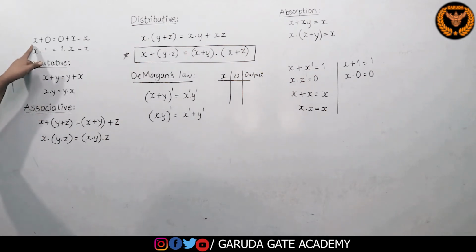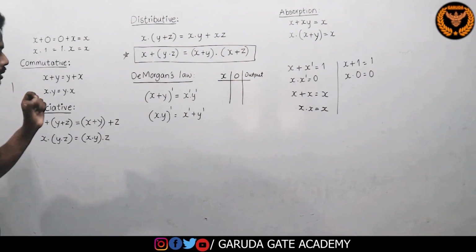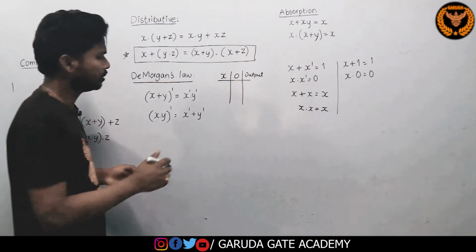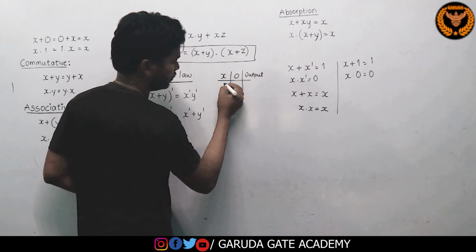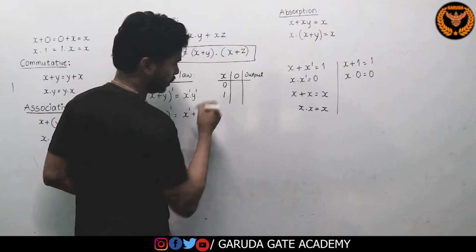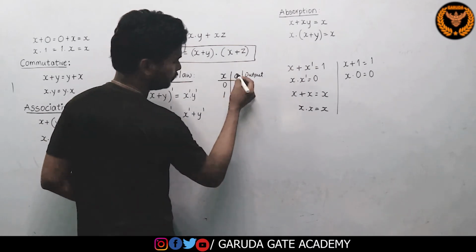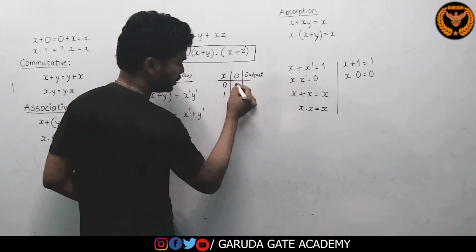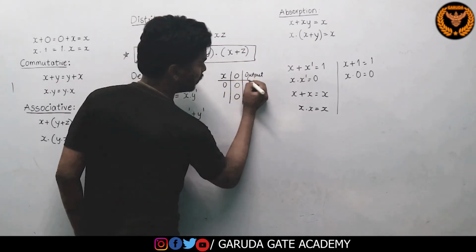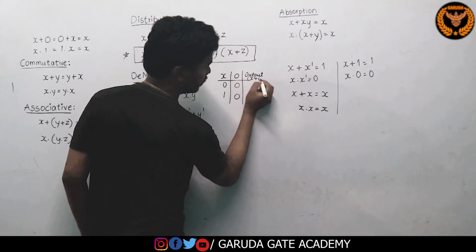So here x is a single input, so an input can be 0 or 1, right? What are the possible cases of x? 0 or 1, right? So in all the cases 0 will be 0 only. Here we are ORing it, right?